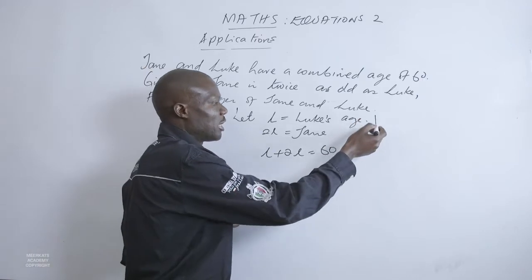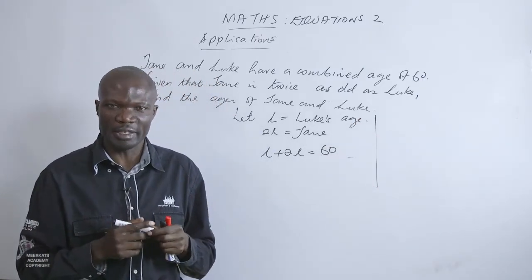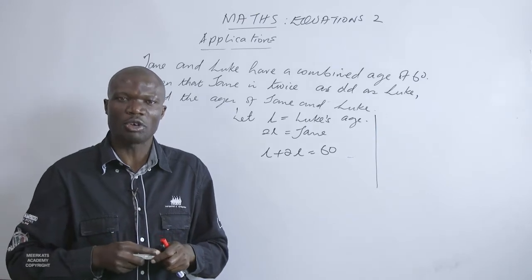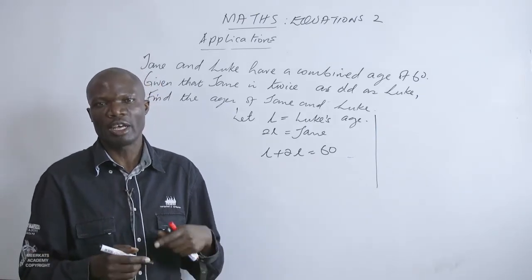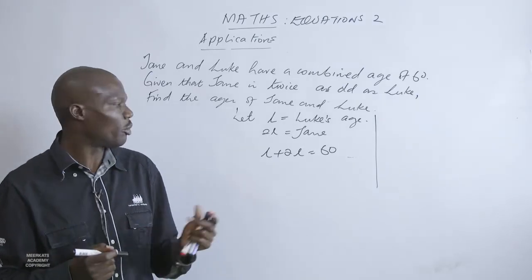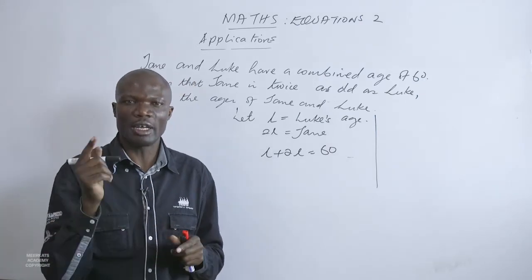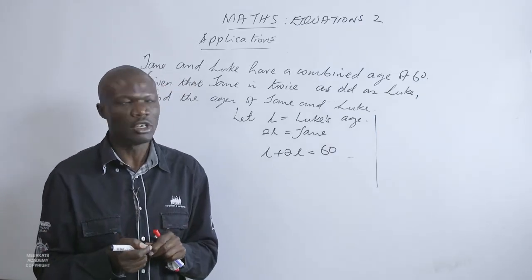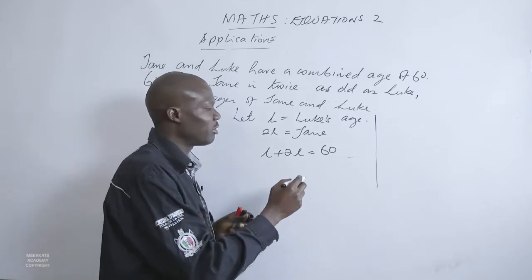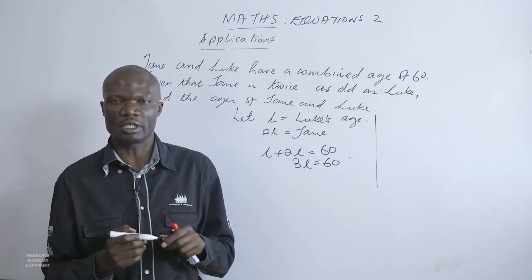Now, you notice that this is a situation where we have like terms. So we shall collect like terms and then move ahead and solve. When you look at L plus 2L is equal to 60, the like term here is L. So L plus 2L will give us 3L is equal to 60.